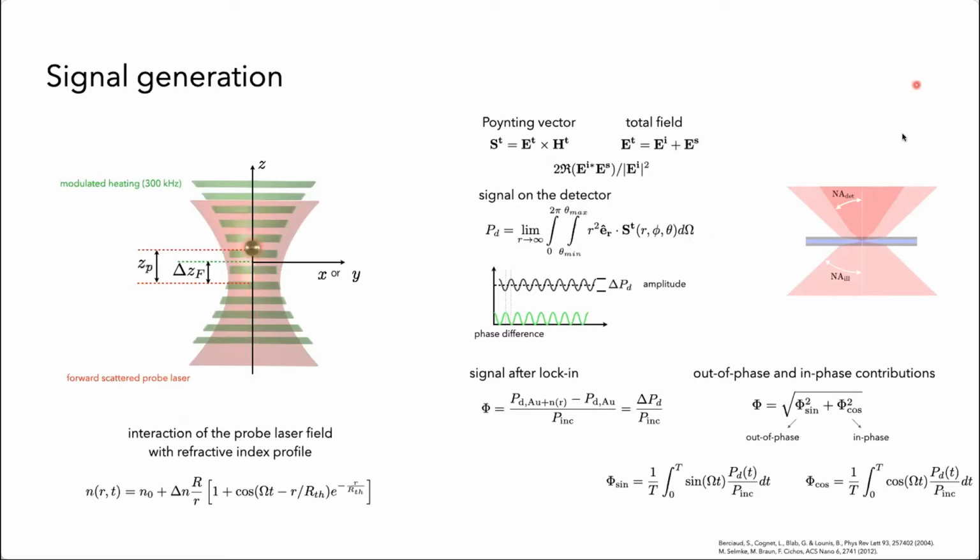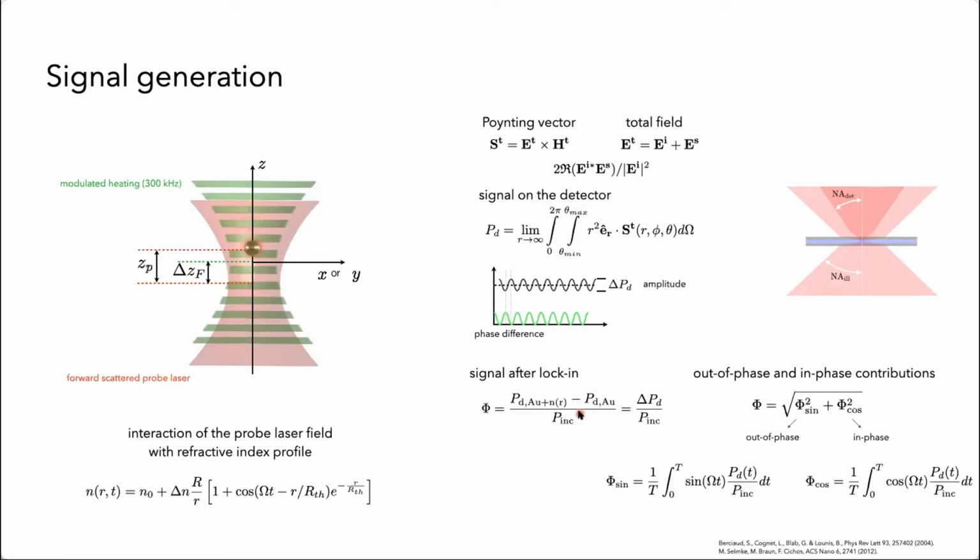So what you have to take into account is not only the illumination aperture of your microscope, which is carrying the pump and the probe beam, but also the detection aperture, which is either in the forward or the backward direction. What I will talk about is essentially the forward scattered signal, because for the backward scattered signal there's still no really quantitative consistent theory around, which might have its origin in where the actual back reflected signal comes from originally.